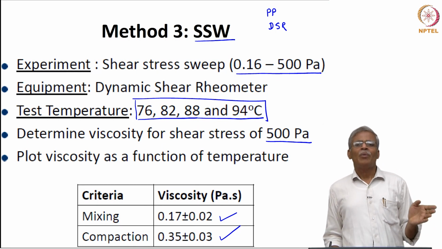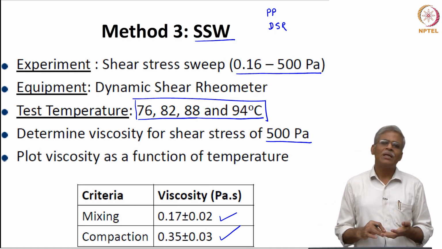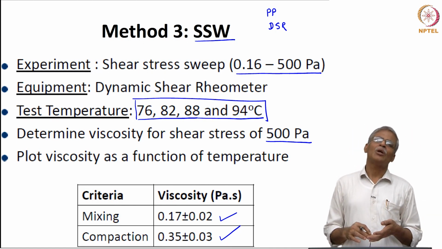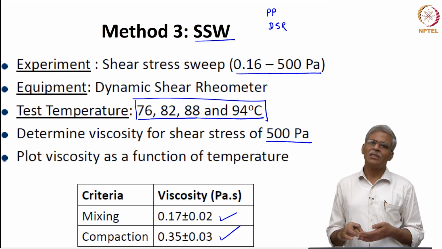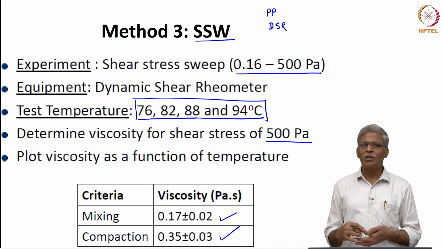But based on our preliminary discussion at the start of the course, the response of the material starts at Newtonian, goes to non-Newtonian, goes to the viscoelastic regime as well as to the elastic regime as a function of temperature. That means around 130 to 150 or above, you are going to have a Newtonian regime.